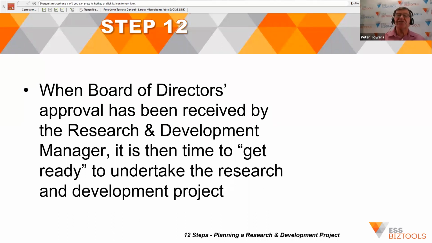And if the company is trading at a loss, it is able to apply to the taxation office when the taxation return for the company has been lodged for the calculated amount, 43.5% of the eligible research and development expenditure, which is the rebate, to be paid straight into the company's bank account, normally within 30 days of the tax return being lodged.